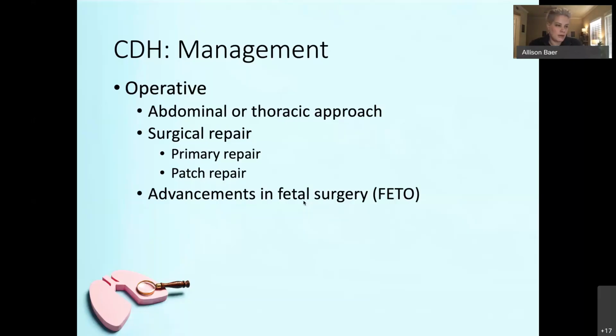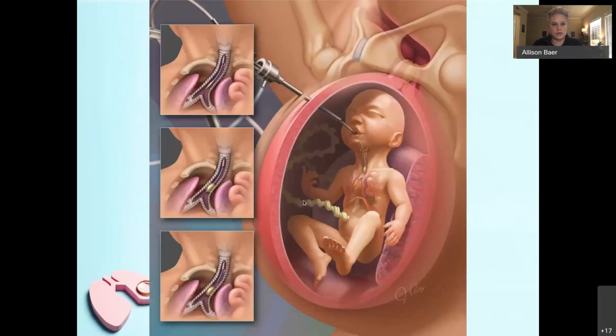I was reading there have been a lot of advancements in fetal surgery, so surgery even before the baby's born. So one approach is to put a scope through the abdominal wall into the uterus, and it goes through the baby's mouth into their trachea.